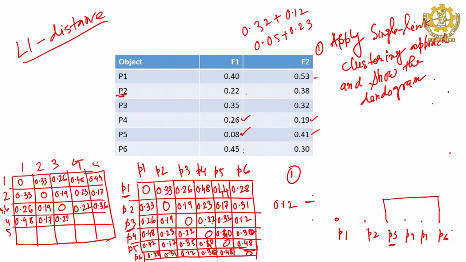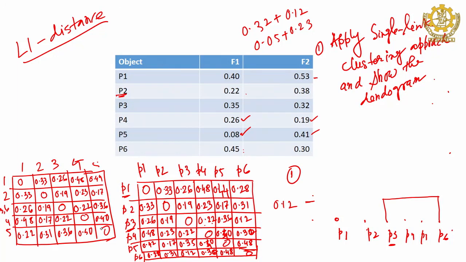So this will be 0.22 and 4 to 4 will be 0, 4 to 5 is 0.40, then fifth is 0.22, 5 to 2 was 0.31, 5 to 3, 3 to 5 was 0.36, this is 5 to 4, 5 to 4 is 0.40, this is 0.